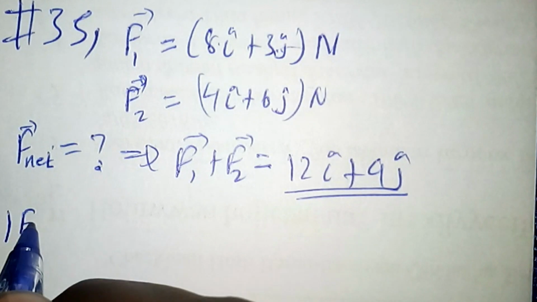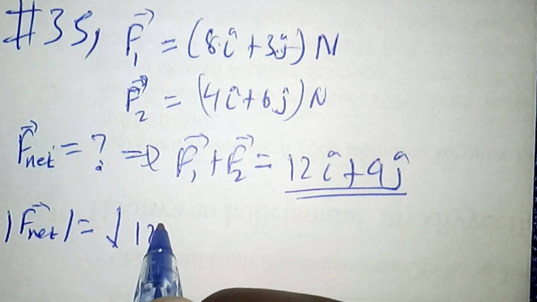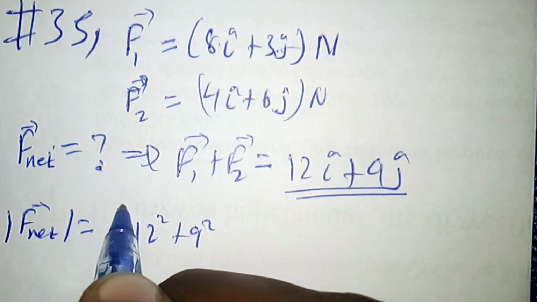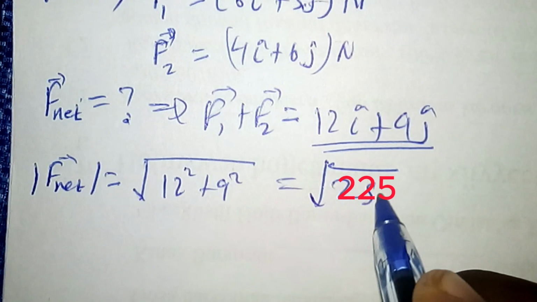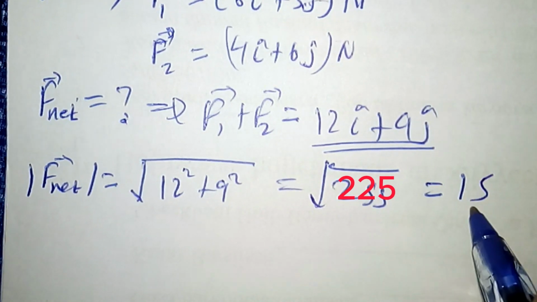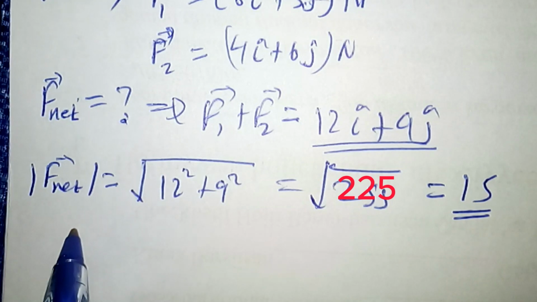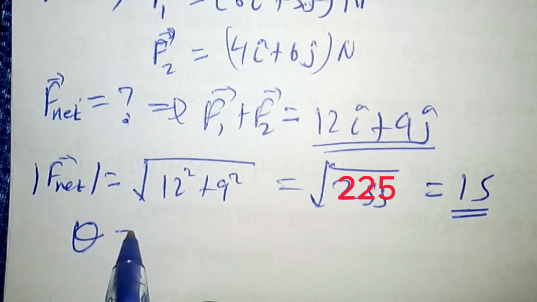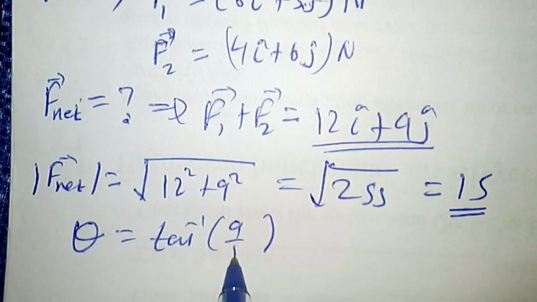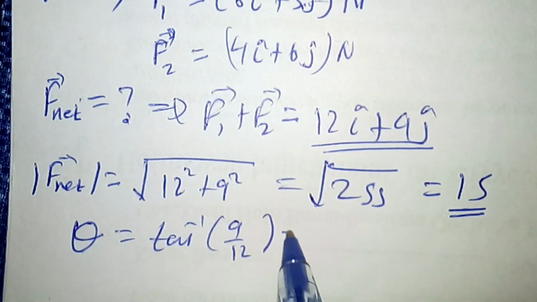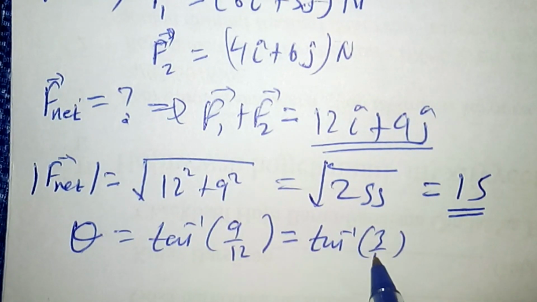The magnitude of the net force is the square root of 12 squared plus 9 squared, which is the square root of 225, that is 15 Newton. The direction of the net force is tan inverse of 9 over 12, which equals tan inverse of 3 over 4.